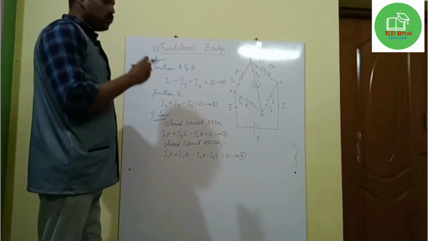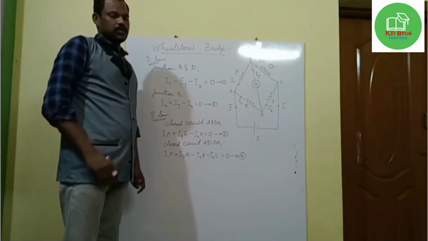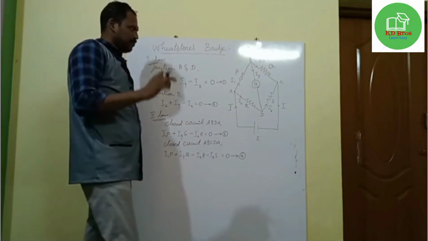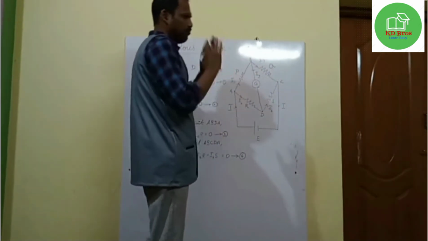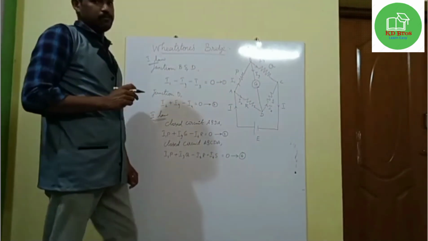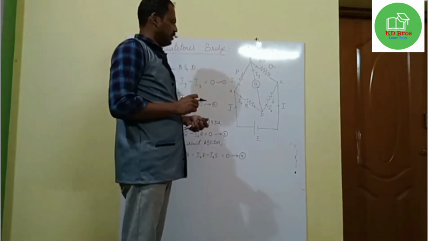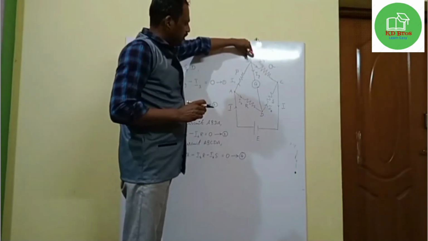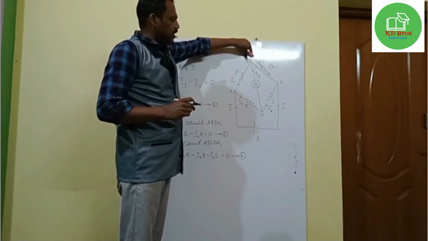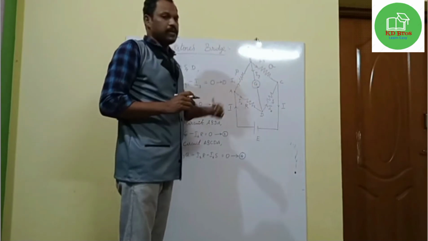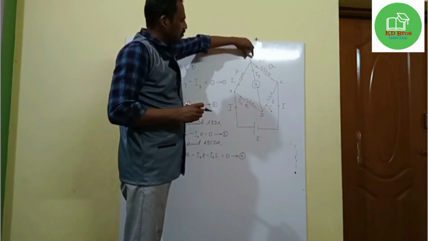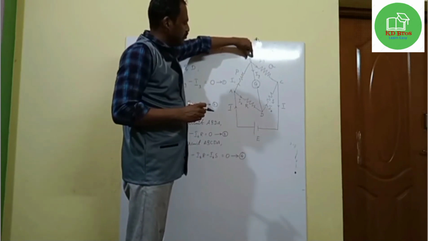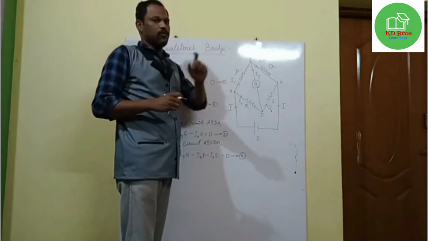Now we have to introduce one special condition. What is that special condition? Very simple. When the galvanometer shows zero deflection, the potential experienced at B as well as D is equal.